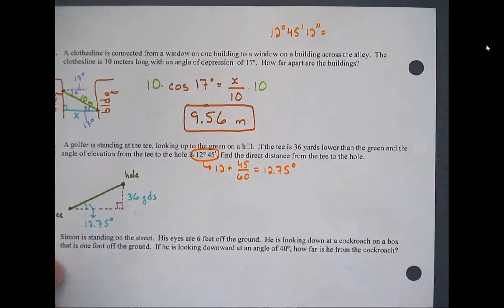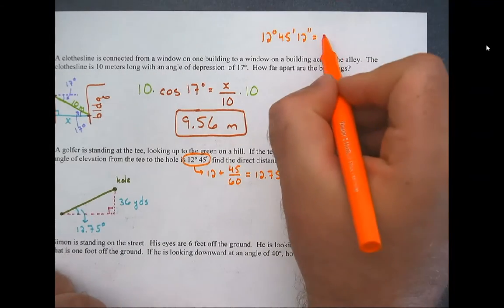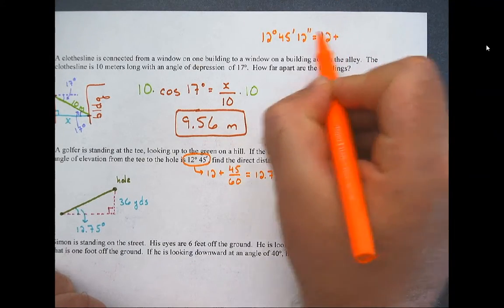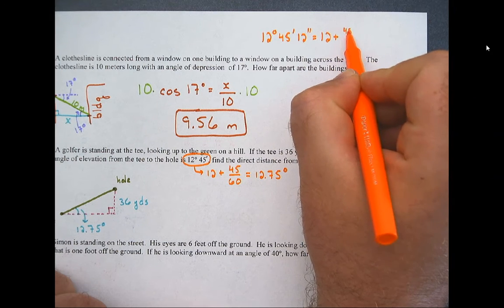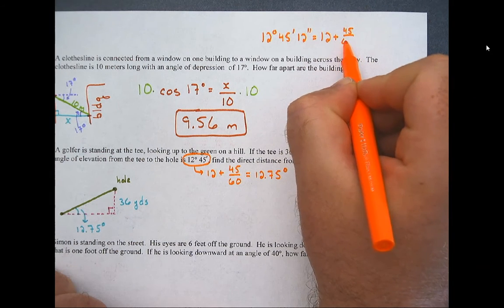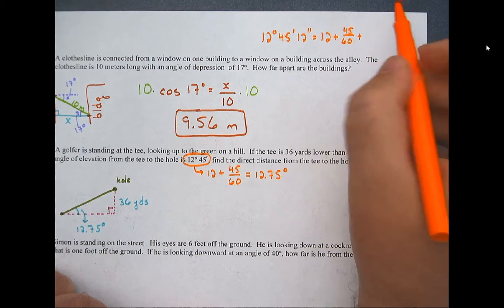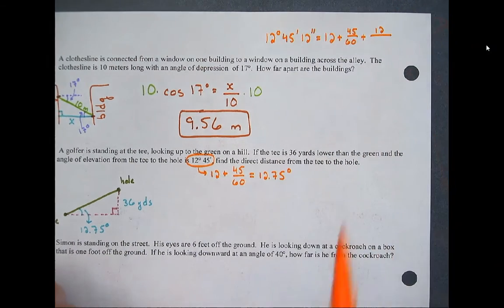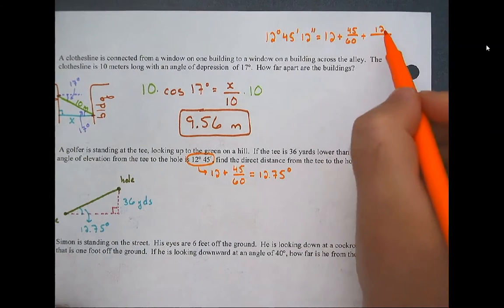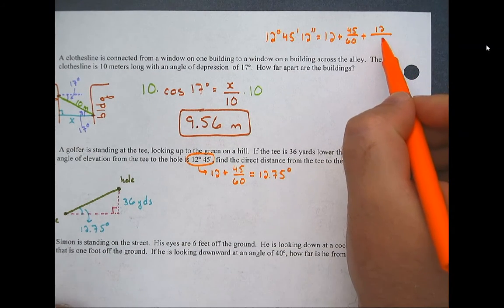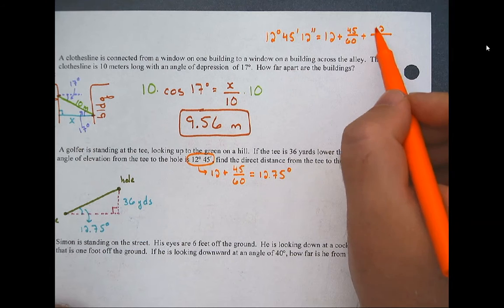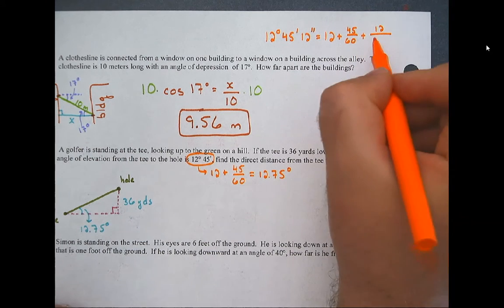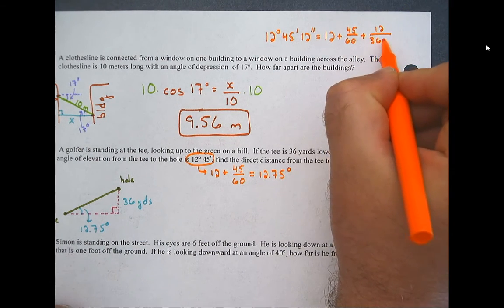So if I was going to turn that into a decimal, I would do 12, that's already in degrees, plus 45 out of 60, plus 12 seconds. If I did 12 divided by 60, that would turn that into minutes, but then I'd have to turn that into hours, so I'd have to divide by 60 again, so you would just divide by 3,600.